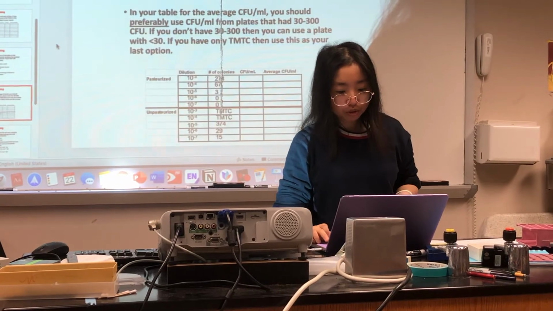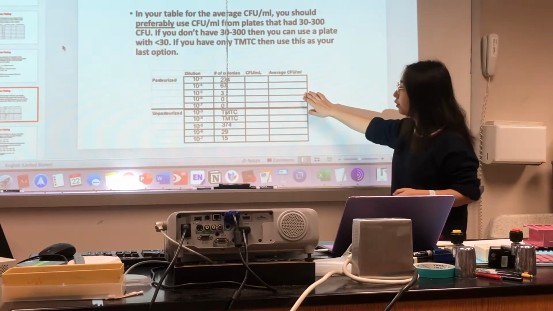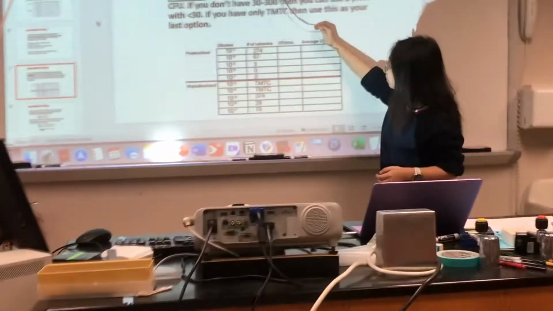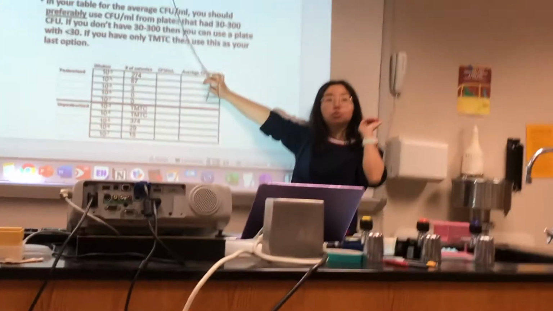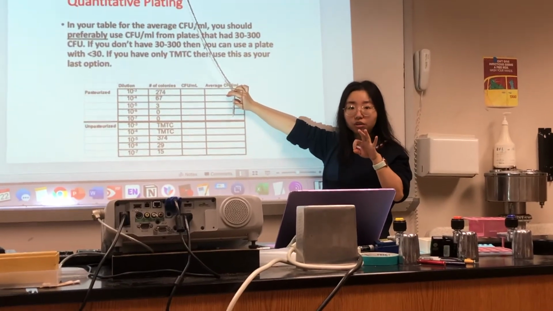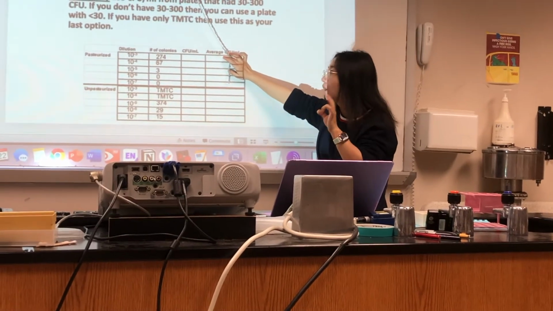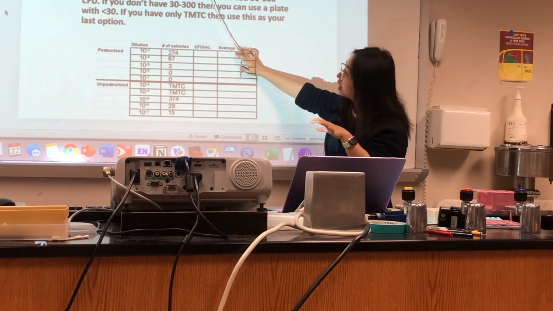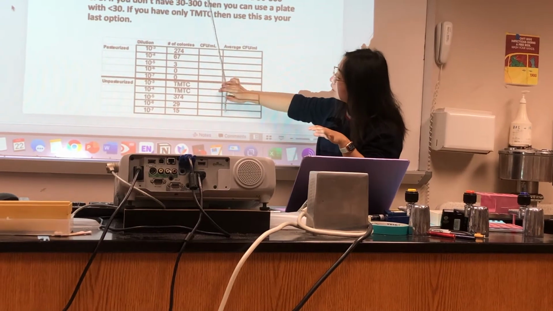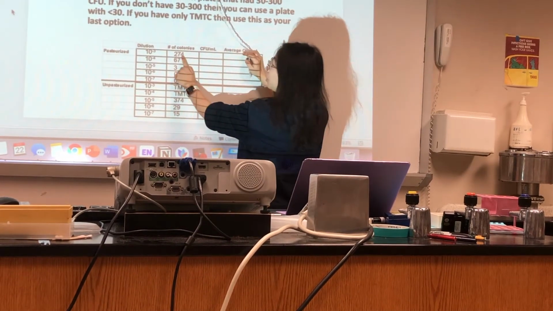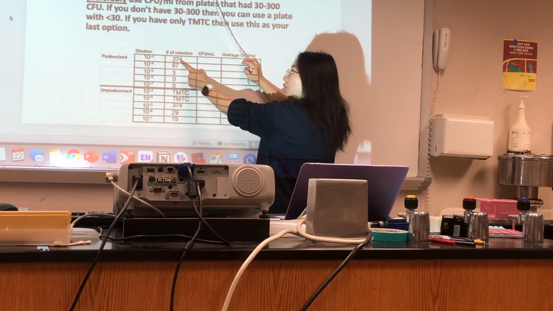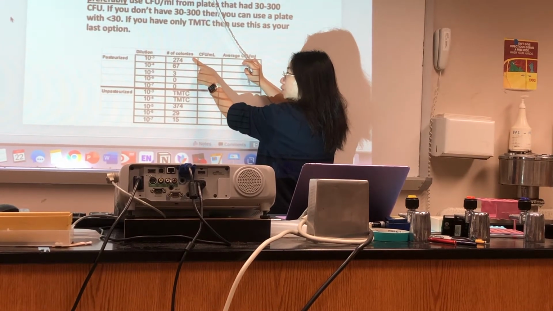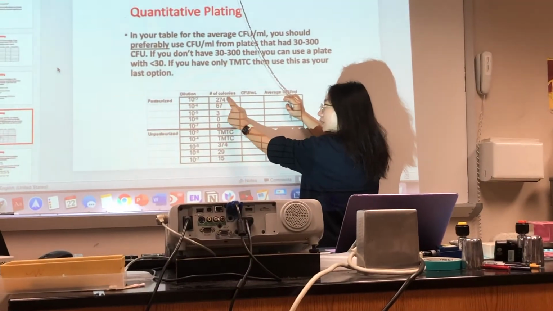How to do the average CFU per ml would be like the example shown here. 30 to 300 colonies for statistical significance. In the example figure table shown here, okay, 30 to 300, I'm going to use this plate. 30 to 300, this plate is okay.